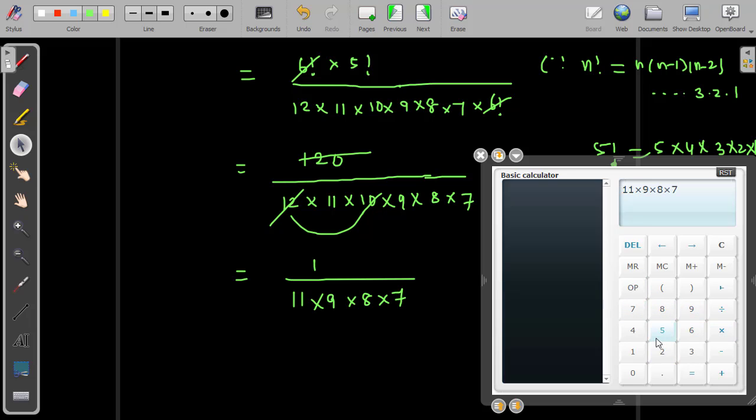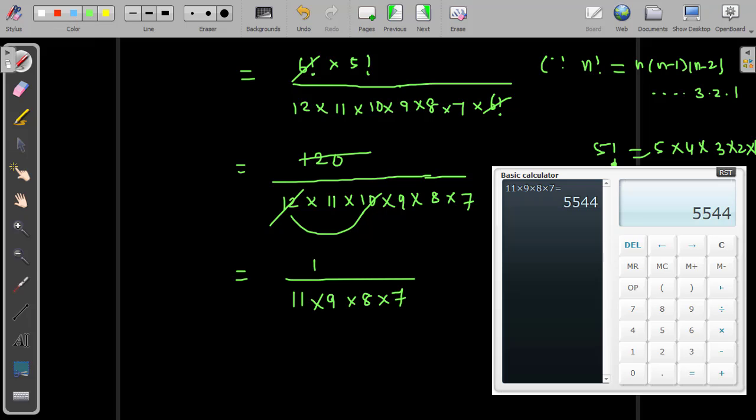So 11 times 9 times 8 times 7, the result is 5544. Which means the given integral from 0 to 1 of x power 6 times 1 minus x power 5 dx, this definite integral value is 1 divided by 5544. That's your answer.